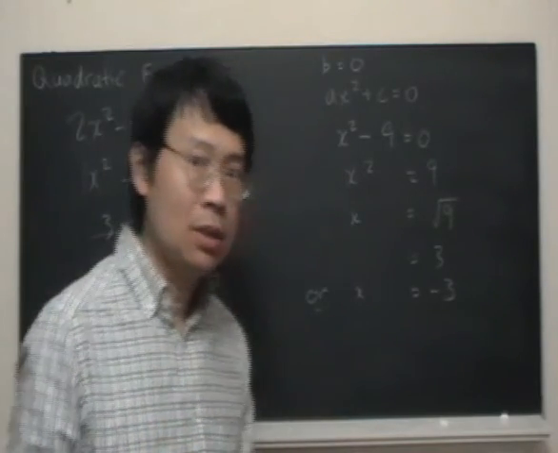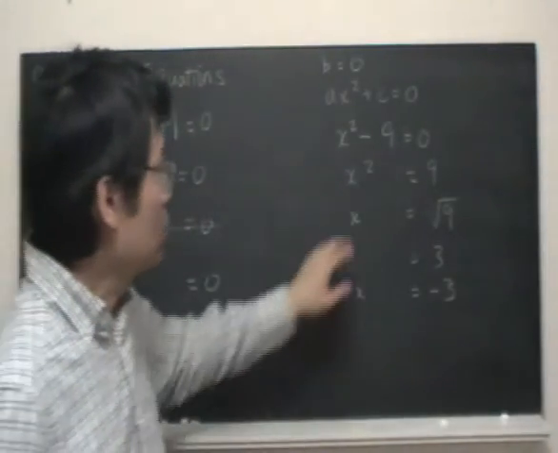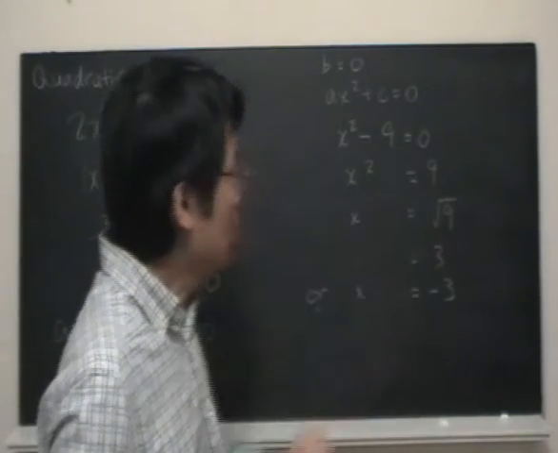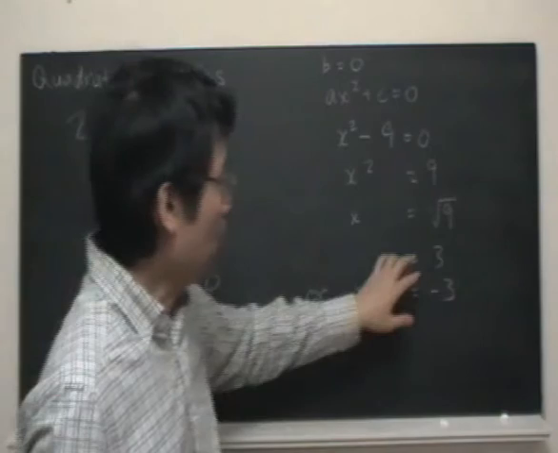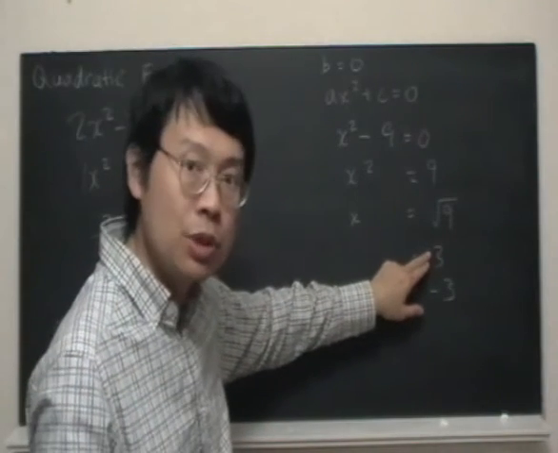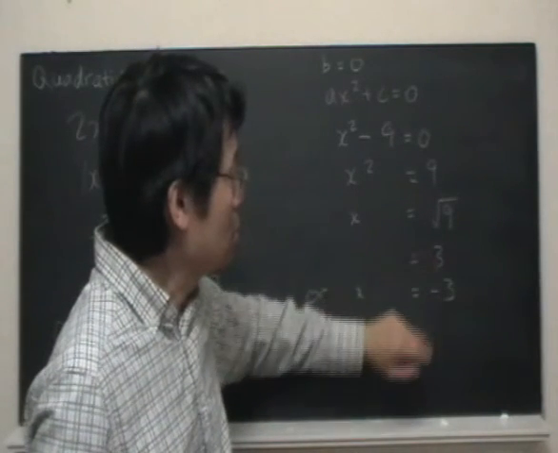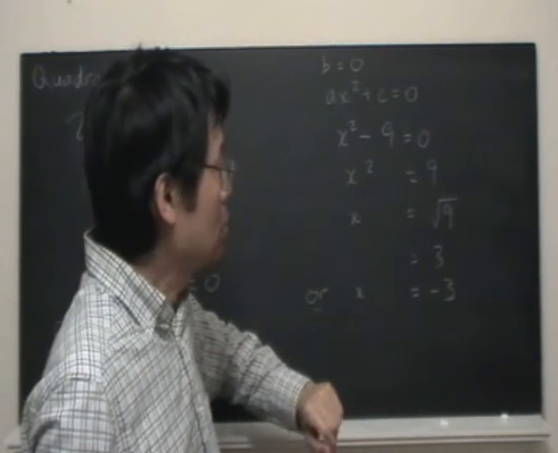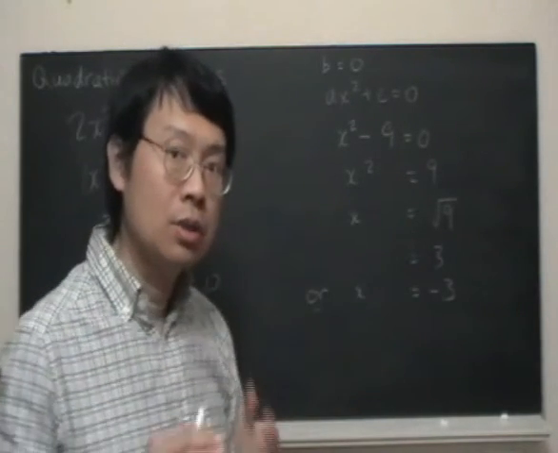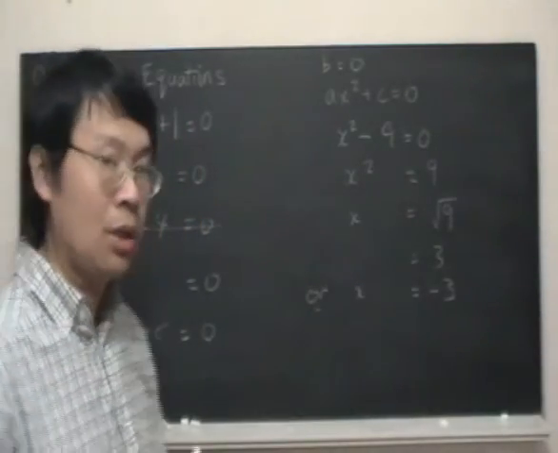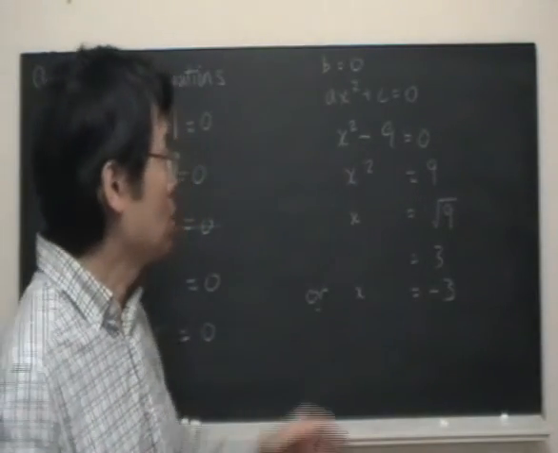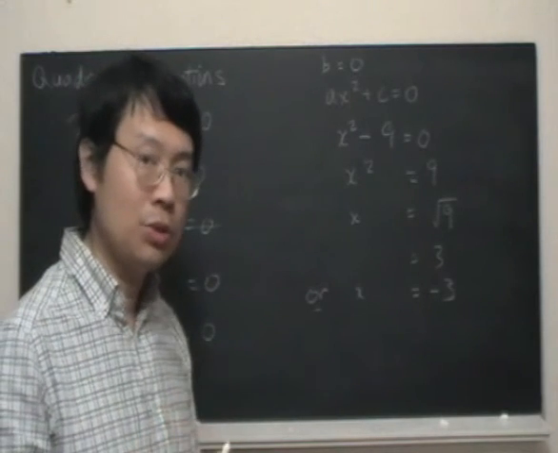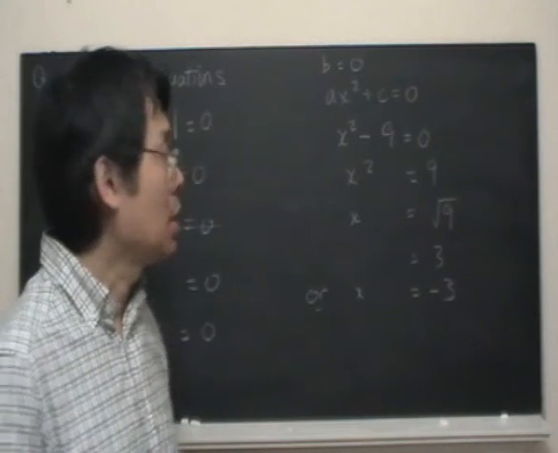And the minus sign will cancel so that we still get 9. Right? So whether it's 3 times 3 or minus 3 times minus 3, we will still get 9. This means that there are 2 possible answers in this equation. X can be plus 3 or minus 3.